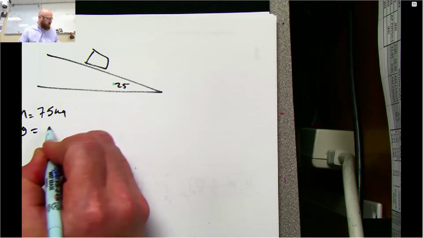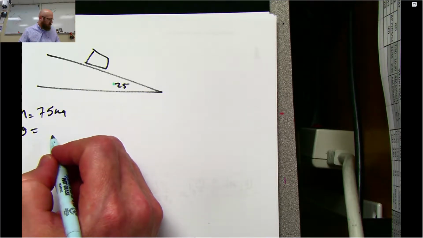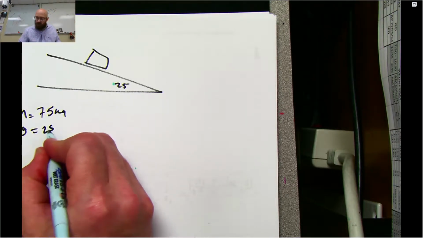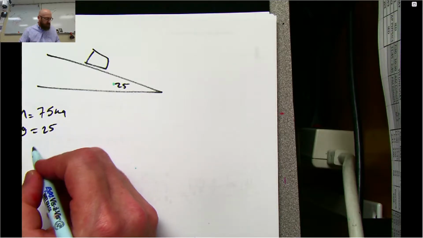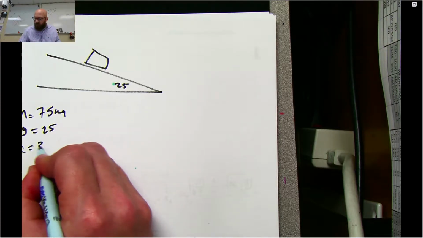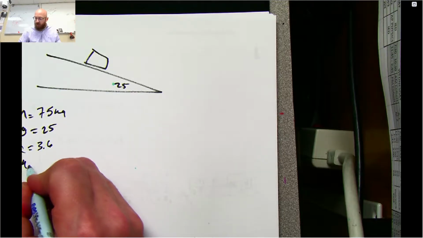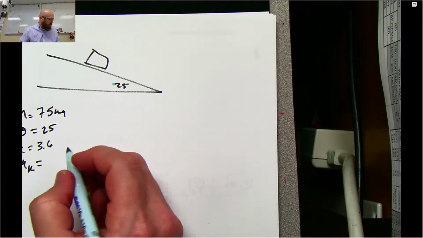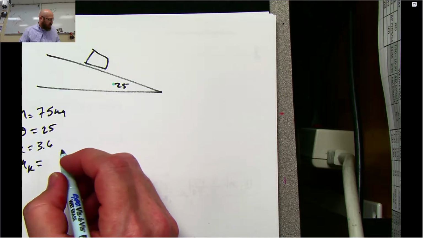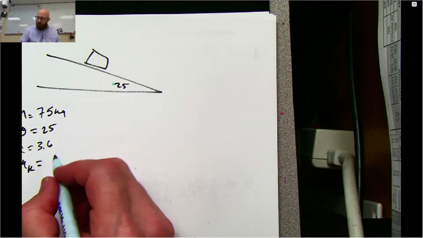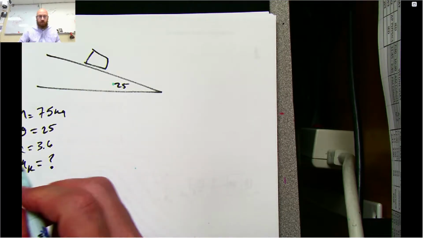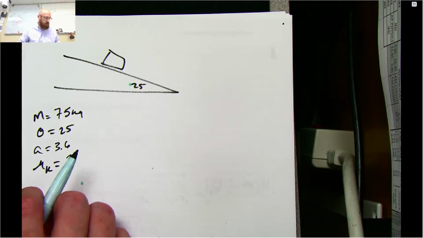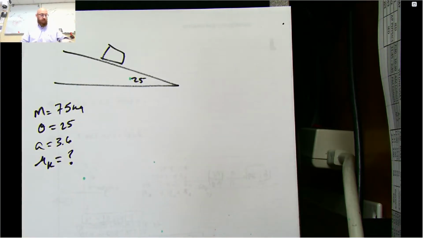That angle is 25, just double checking. We do have an acceleration of 3.6. Mu of k we do not know, and that's what we're looking for. And we'll get to part B here in a second.